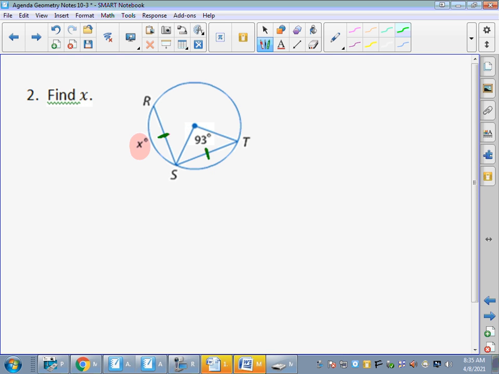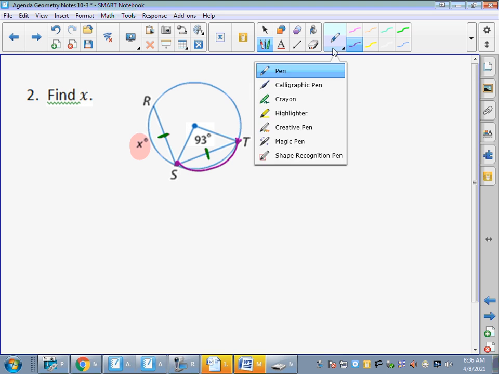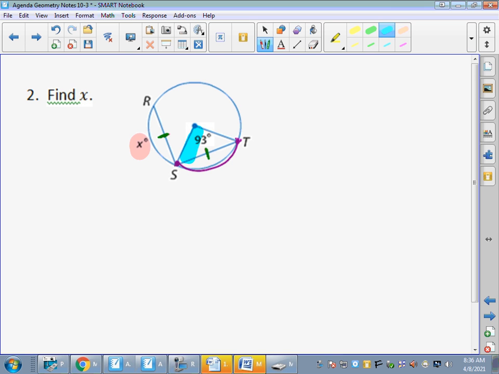Well, if two chords are congruent, what do you know about their arcs? So 93 is the central angle. If I traced this out, ST is my arc that goes along with 93. So this is 93.